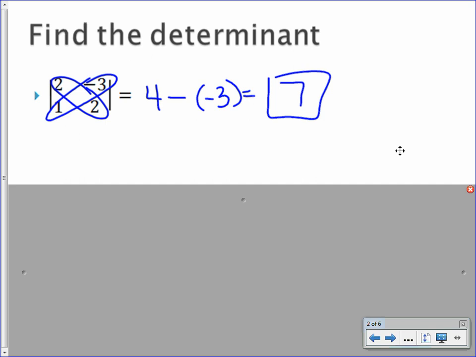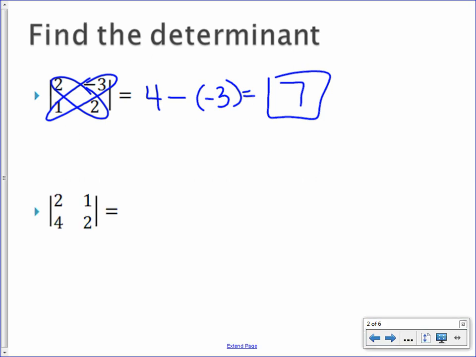Sometimes it can be as easy as that. Write this one down. 2, 1, 4, 2. Yes, and we're going to talk about what it means. So how do we find the determinant? Criss minus cross.